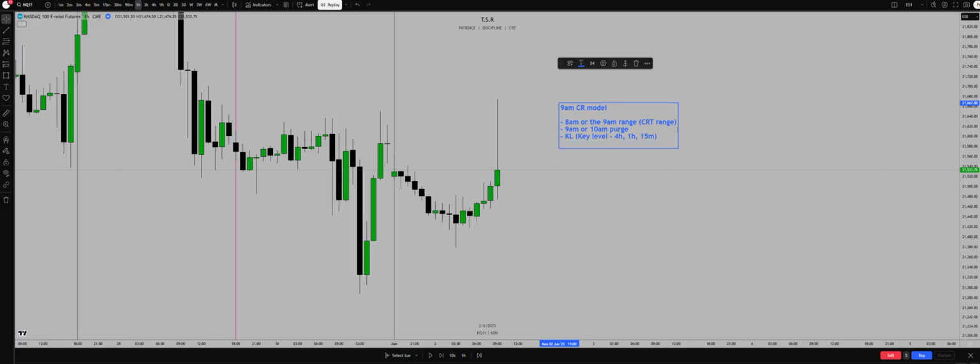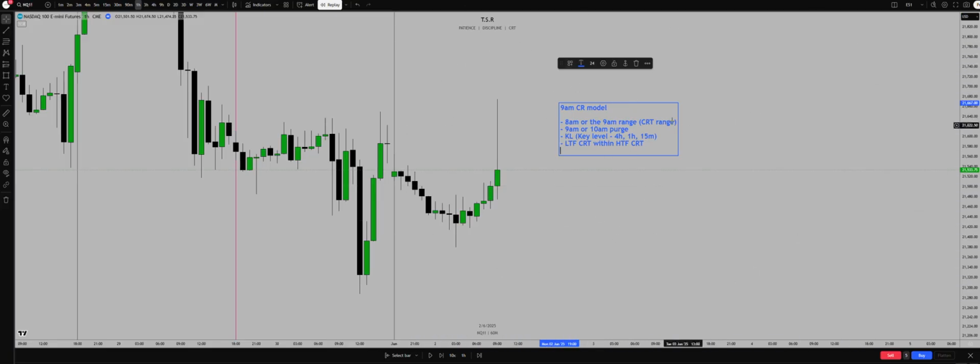That's pretty much it for key levels. Now we need the lower time frame CRT within the actual higher time frame CRT. This is going to sound very repetitive to everybody that watched my YouTube videos, but bear in mind, repetition is key here. This is literally the model. There's nothing else to it.